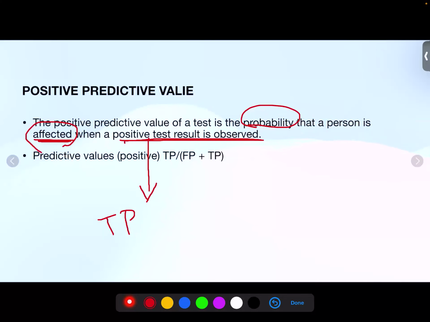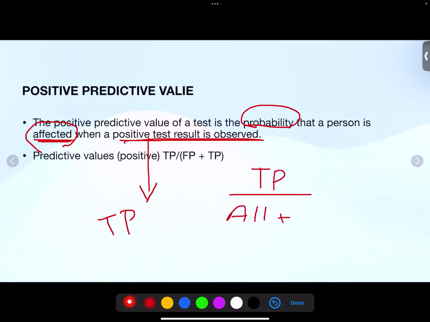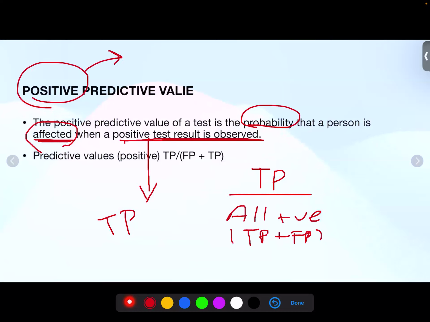It means this test is determining from the whole positives of the test. You can say the true positive divided by all positives, and all positives are true positive plus false positive. So this is the positive predictive value.